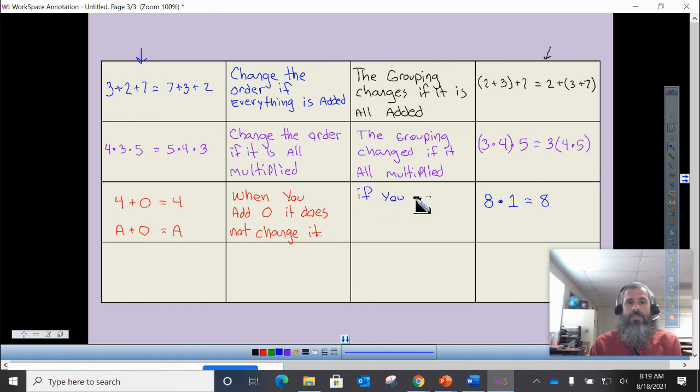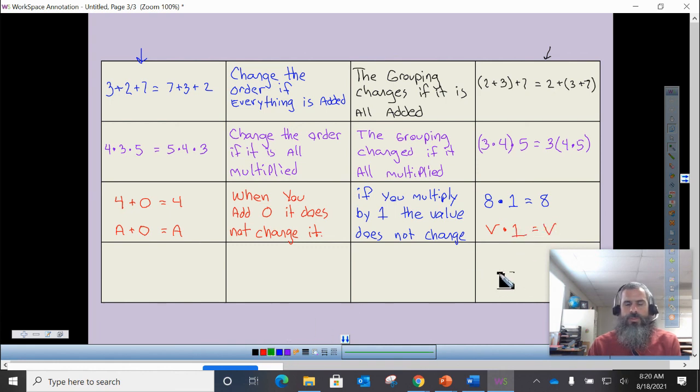The value stays unchanged. And this also works for variables too. Let's say we had the variable v. If I multiply v by 1, we still get v.